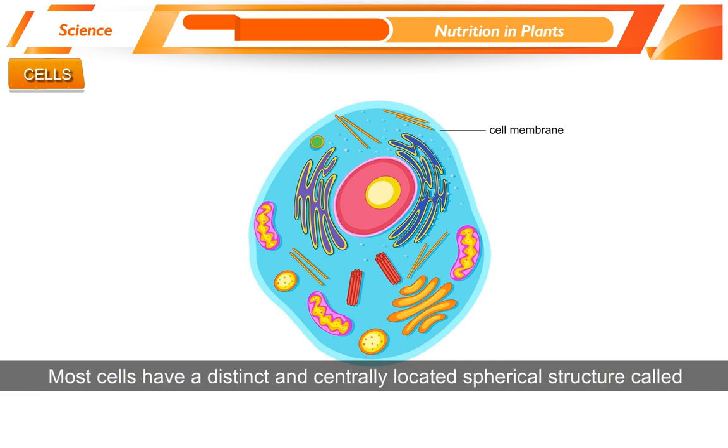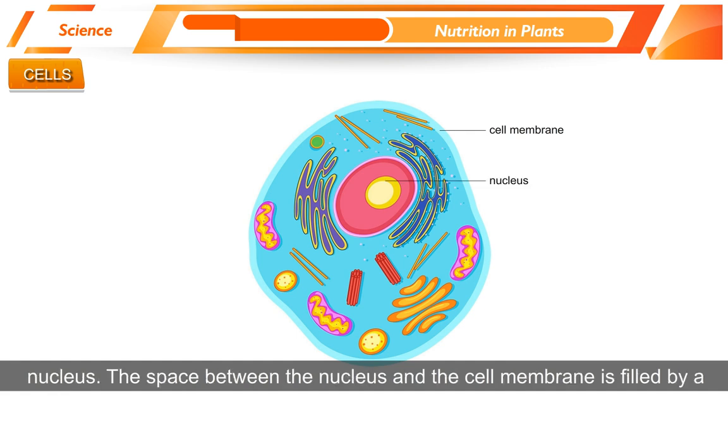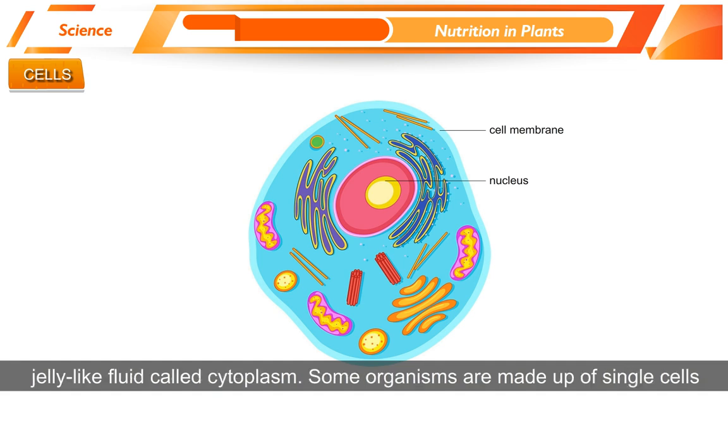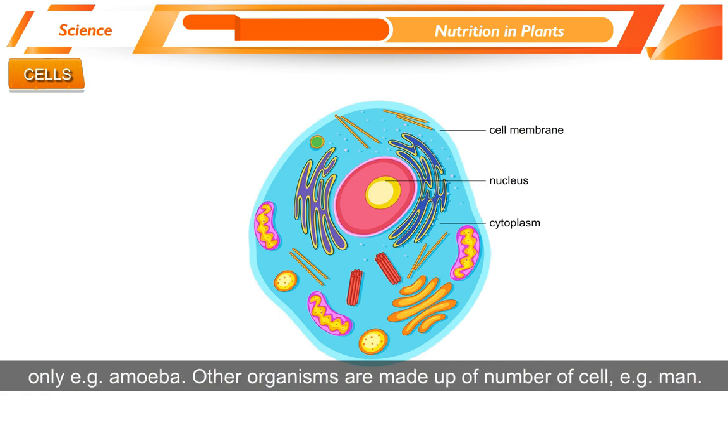Most cells have a distinct and centrally located spherical structure called nucleus. The space between the nucleus and the cell membrane is filled by a jelly-like fluid called cytoplasm. Some organisms are made up of single cells only, for example, amoeba. Other organisms are made up of a number of cells, for example, man.